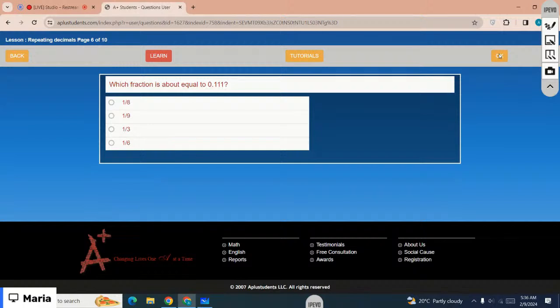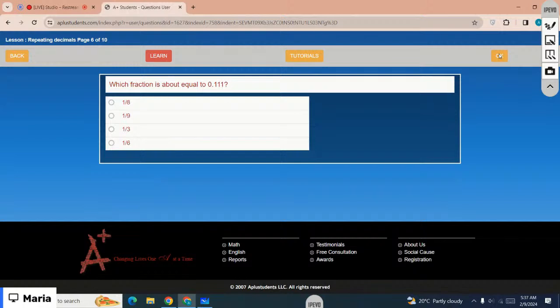Which fraction is equal to 0.111? Which is the correct option? Yes, that equals 1 over 9.